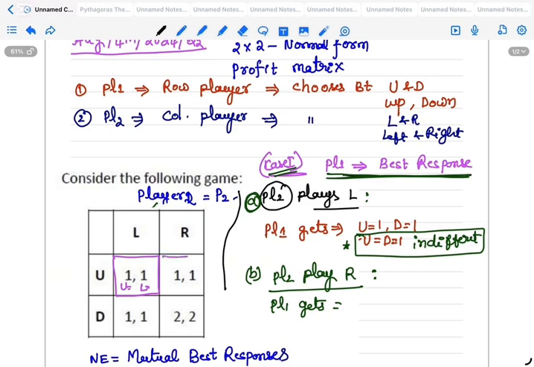In this box, U and R: U equal to 1 and R equal to 1. Next, in this box, D and L: D equal to 1 and L equal to 1. In this box, D equals 2 and R equals 2, right?